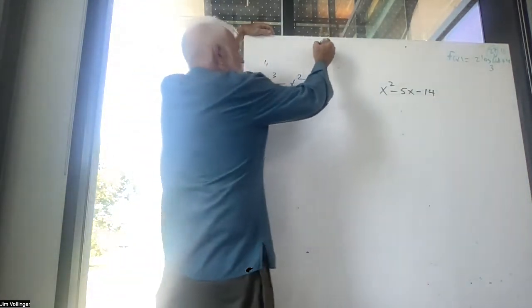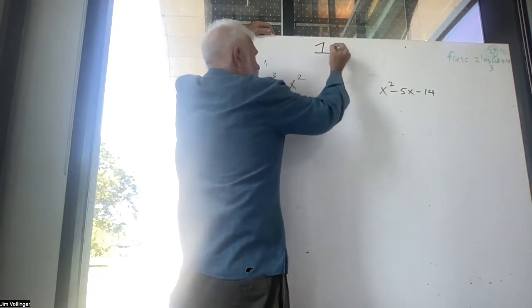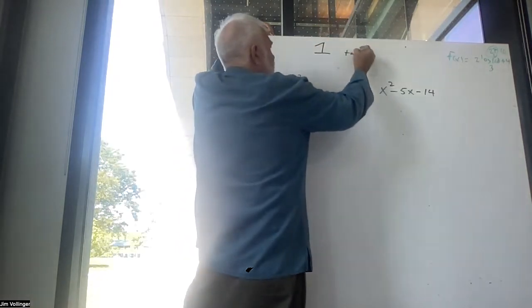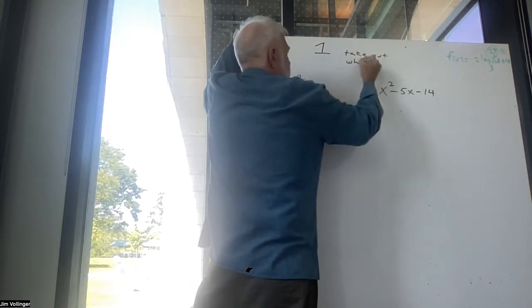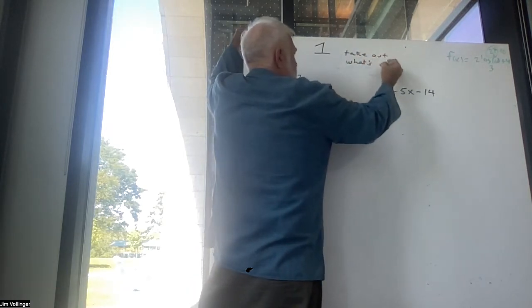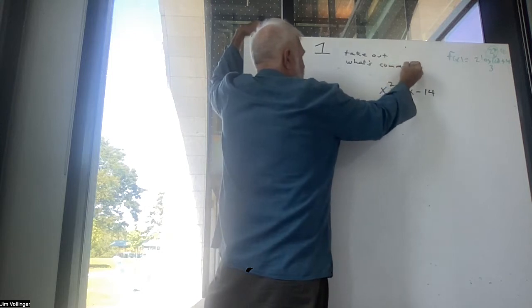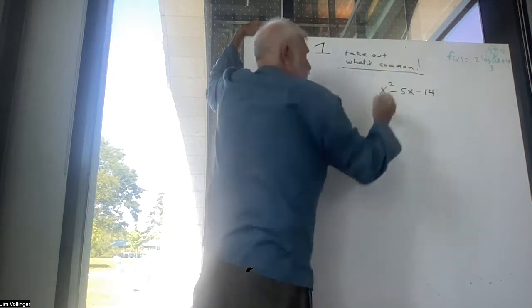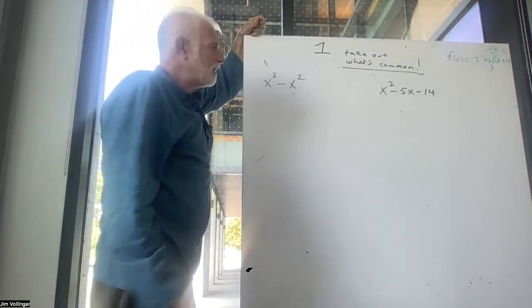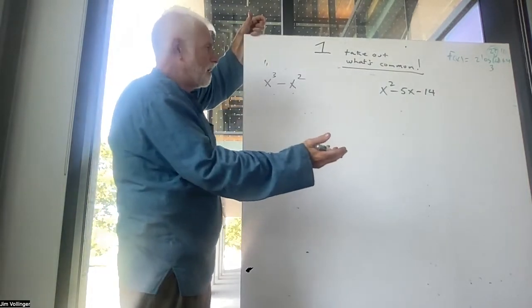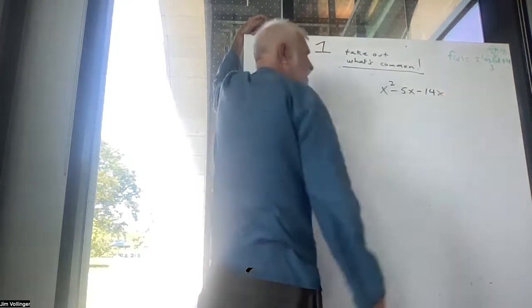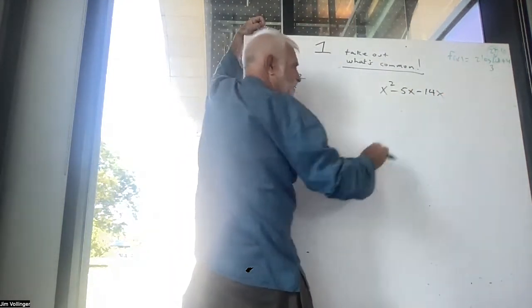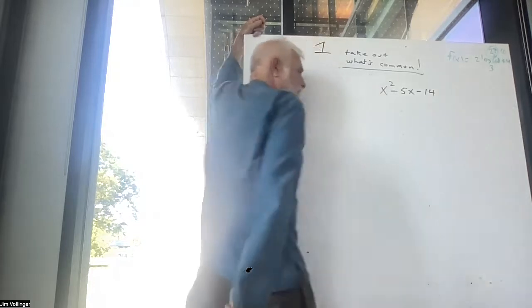Well, the first rule, rule number one, take out what's common. There's only one problem with rule number one. You don't always use it. And here's a good example. I'm not going to use it here because there's nothing common. If that was an x, yes, they all have an x in them, but this one doesn't.